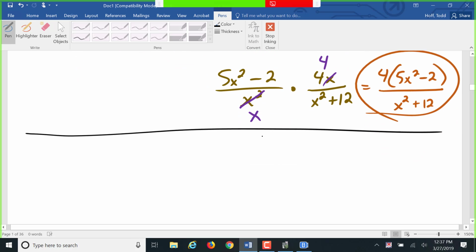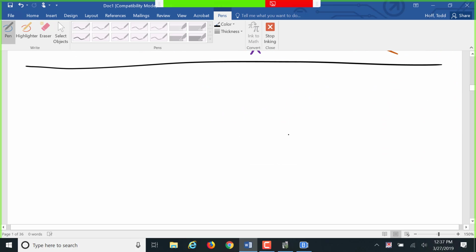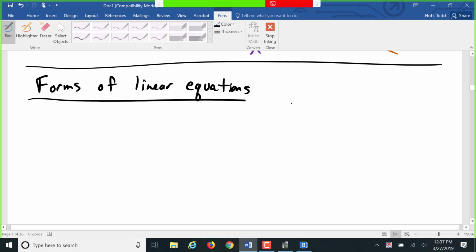And as we reviewed yesterday a little bit, some of our forms of linear equations. And so I want to practice for a few minutes before we get into the relations and functions, talking about linear equations and writing linear equations from information given.